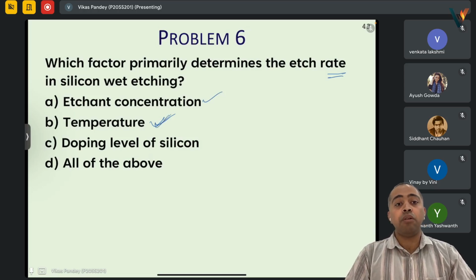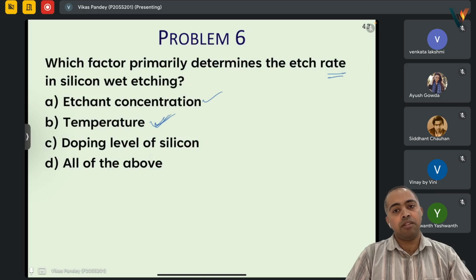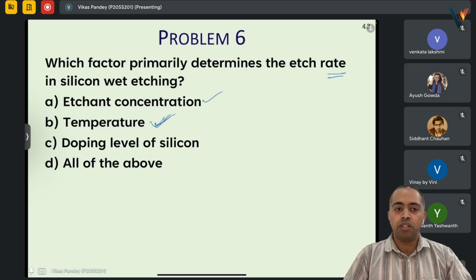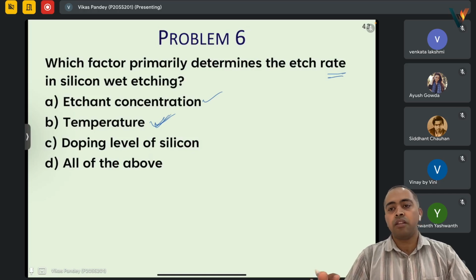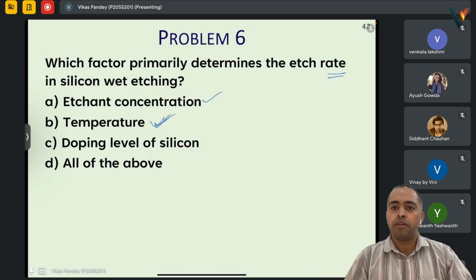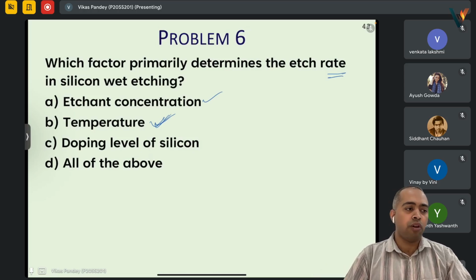Then we talked about the doping level of silicon. That also determines the silicon wet etching. Okay, so in fact, all these factors are responsible for determining the etch rate. Equally, we can say, they all have primary roles in determining.